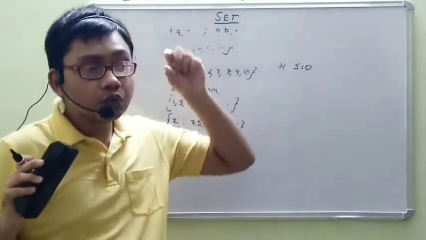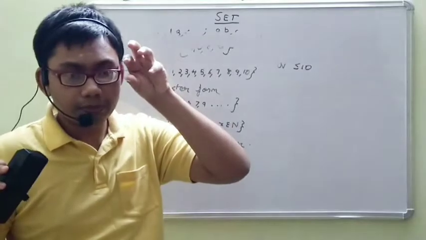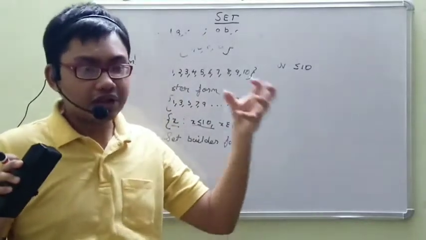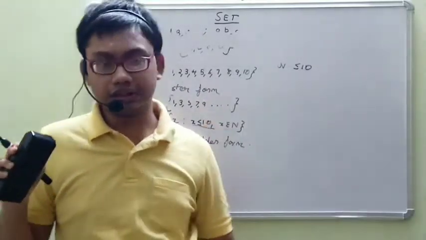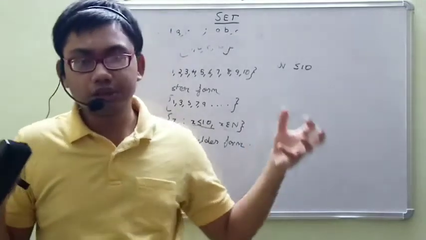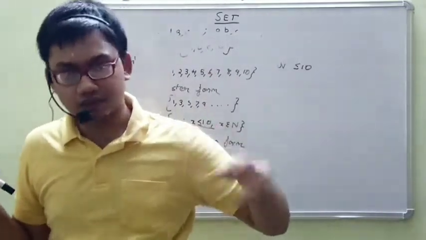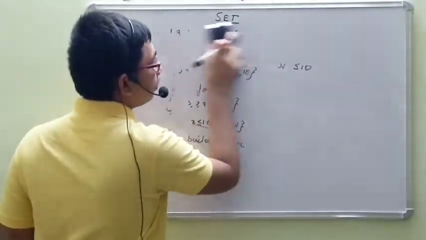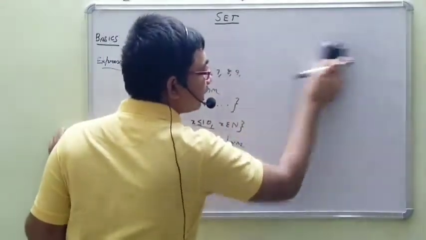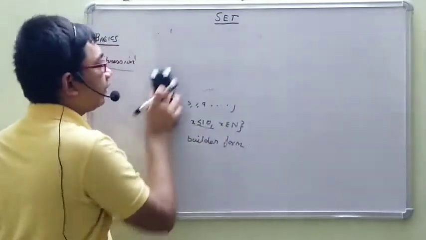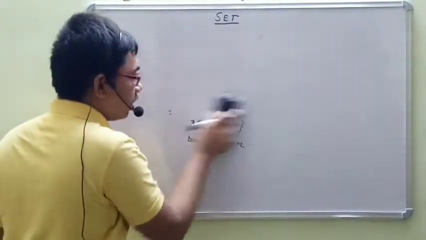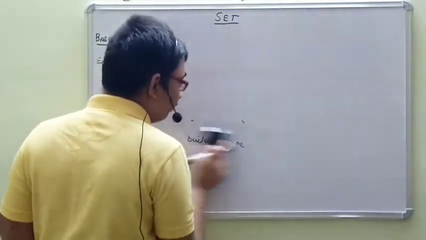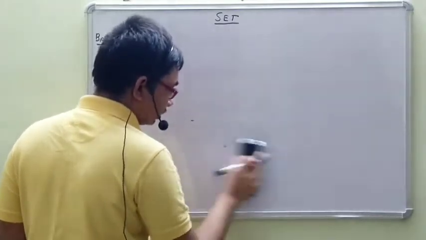And if you write the rule that determines which elements are to be included in the set, and which gives the unique property possessed by elements of this set, it is called the set builder form of expressing a set.